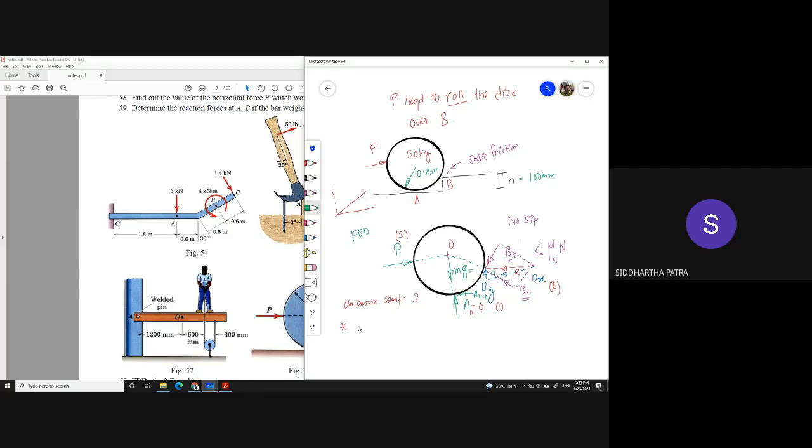Can you now get the equivalent force system about a convenient point?